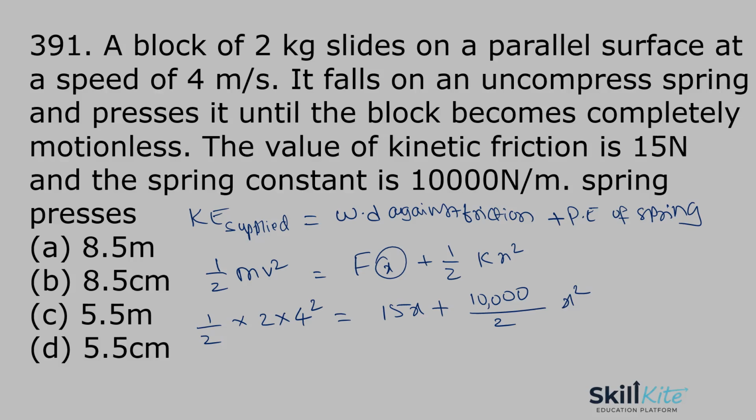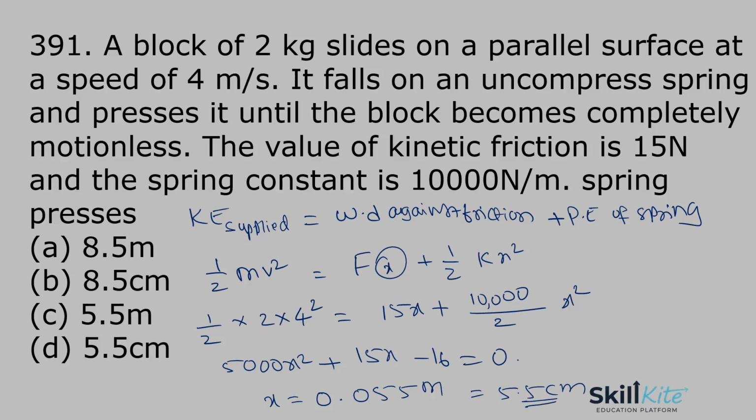So it is around 5,000 x square plus 15x minus 16 equals 0. By solving this equation we get around 0.055 meters, or we can say 5.5 centimeters. So the answer here is option D, 5.5 centimeters.